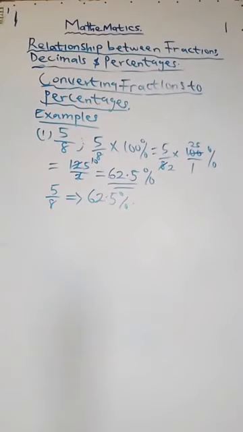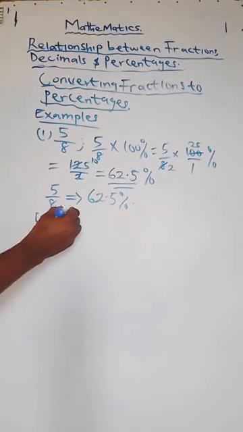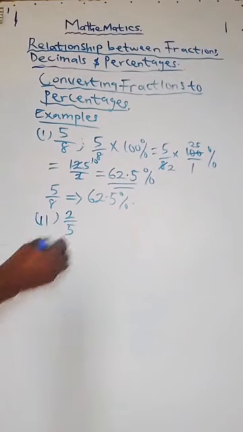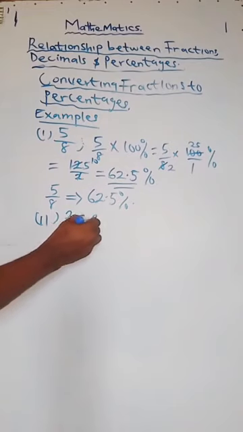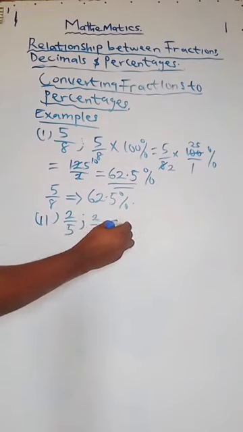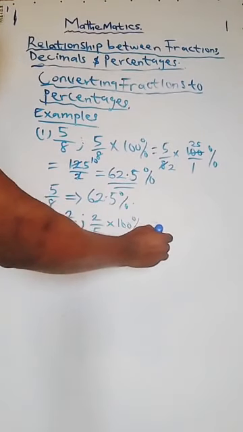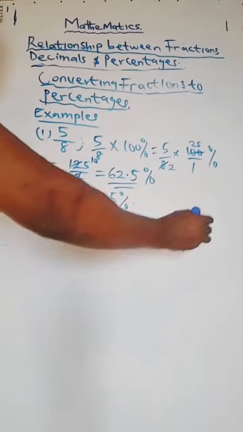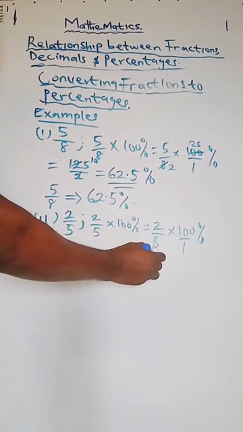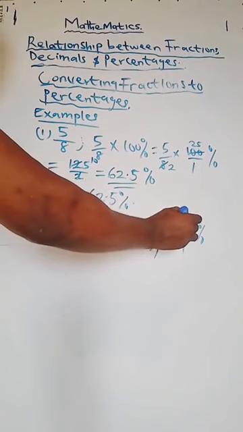Let's look at one more example. Let's say you have 2/5. You want to convert it to a percentage. The same way, this will be 2/5 times 100%. Alright? So this will be 2/5 times 100/1%. 5 here, 1. 5 here, 2. So we have 20 here.